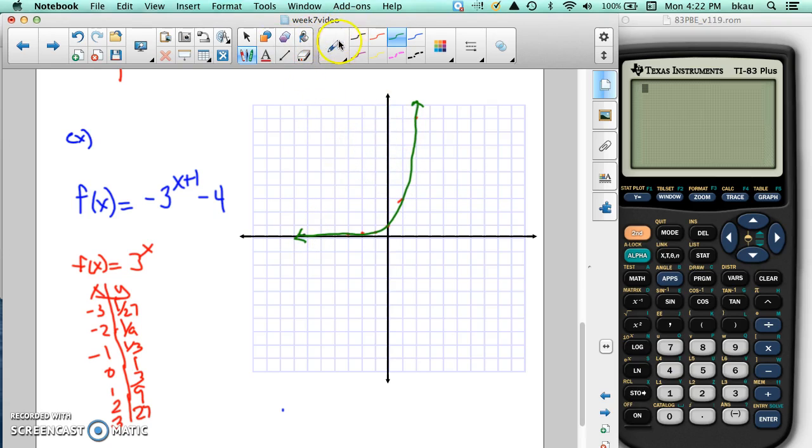Now, let's start with this value here on this graph. So we're going to reflect on the x-axis. The +1 moves it left 1 unit, and this is going to be moving it down 4, and we're going to change the asymptote.